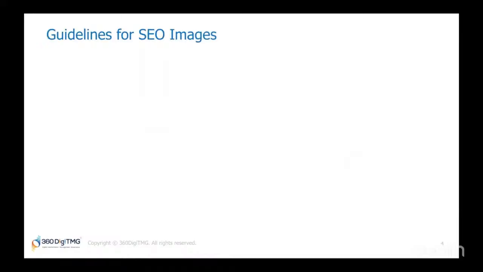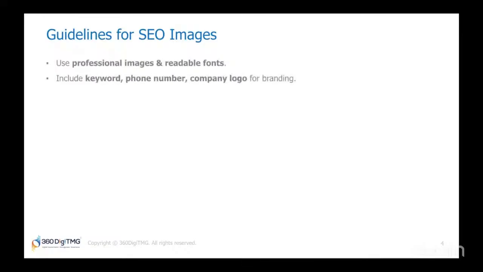What are the guidelines for creating images using Canva? We need to use readable fonts, and the images should be professional. Use professional images and readable fonts, and also include the keyword in the image, along with the phone number and company logo. These three things are for branding.